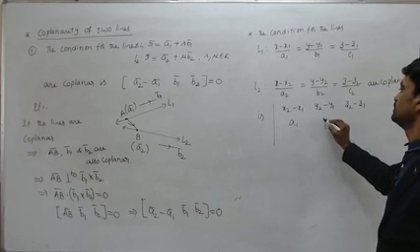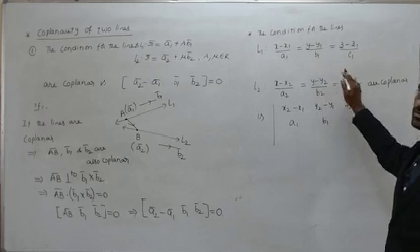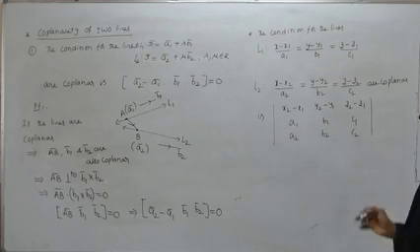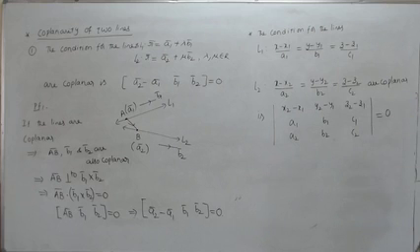Second row a1, b1, c1, nothing but the drs of the first line. Third row a2, b2, c2, nothing but the drs of the second line, is equal to 0.